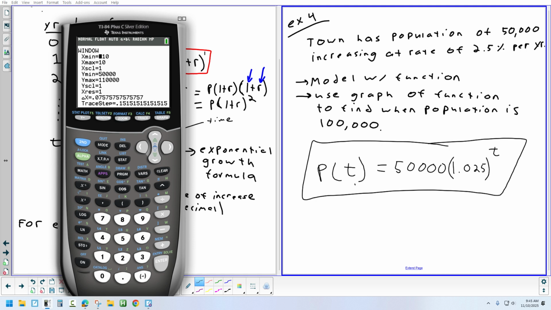X is the amount of years that have gone by. Let's assume this happens within 40 years. If that's not enough time, we'll have to adjust it. What else would I need to put into my y equals screen to be able to solve this graphically? Yeah, 100,000. Right, I need a mark at 100,000.